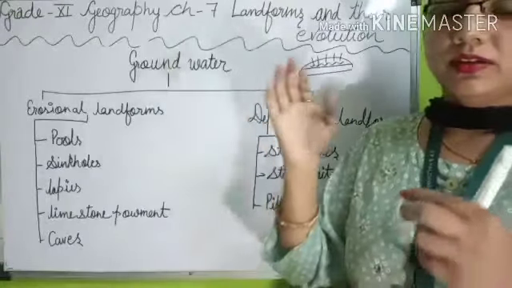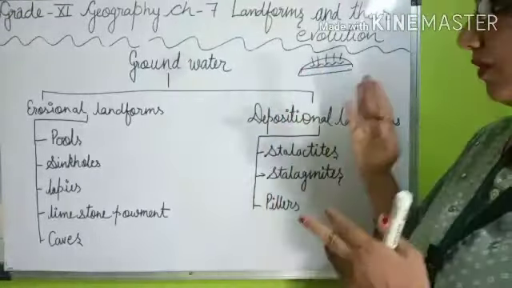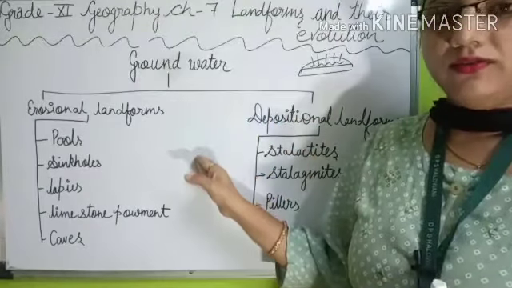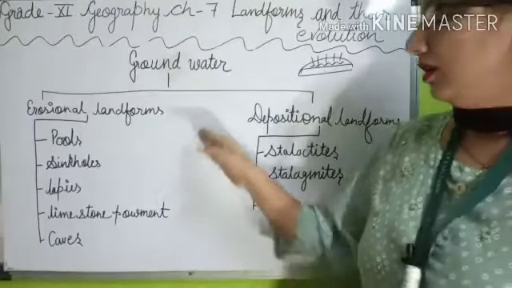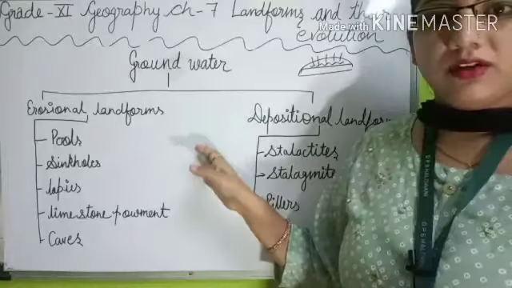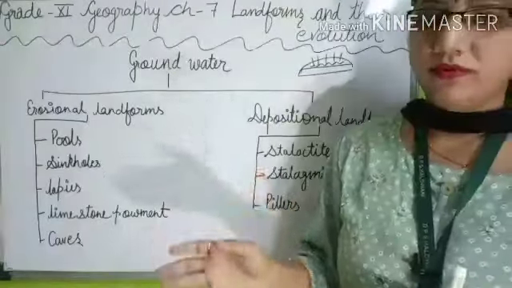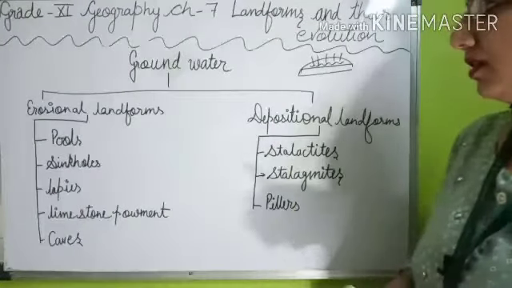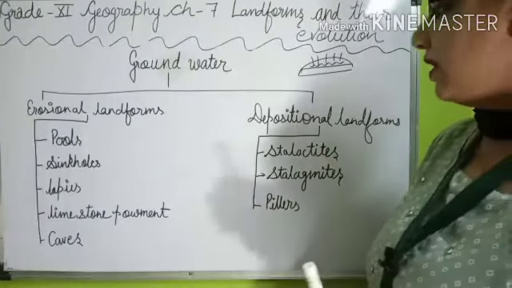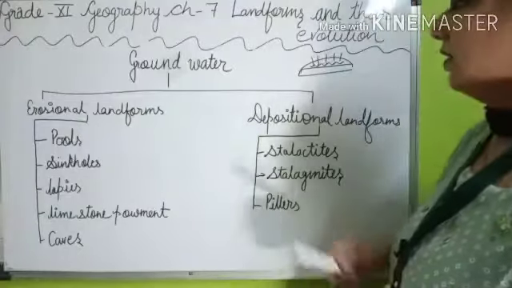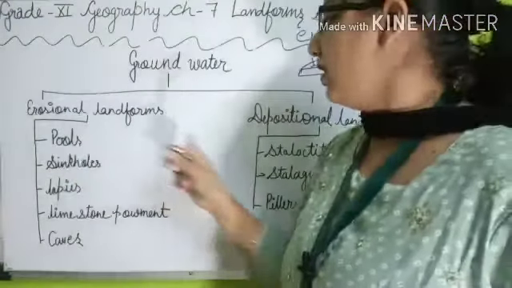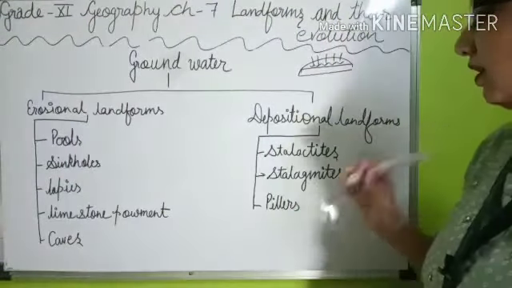So students, here I'm providing you a few landforms which occur due to groundwater. After that we will study these landforms with the help of pictures. The groundwater forms mainly two types of landforms: erosional landforms and depositional landforms.